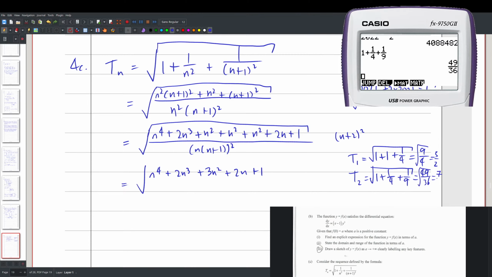49 on 36 is 7 on 6. See, yeah, it has to be something like this, right? Like, it's something squared. It's always something squared, yeah. Or maybe something like positive definite squared as well.